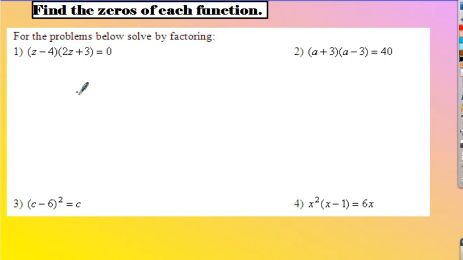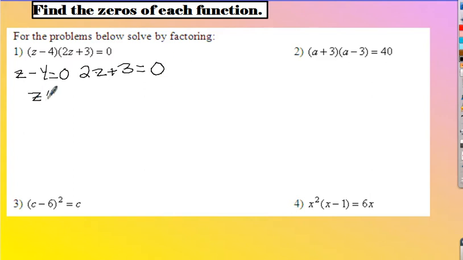To solve by factoring, we're going to use the zero product property, which says if z minus 4 is being multiplied by 2z plus 3, because they're being multiplied and set equal to 0, either z minus 4 has to come out as 0 or 2z plus 3 has to come out as 0.